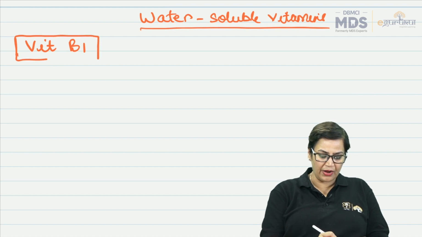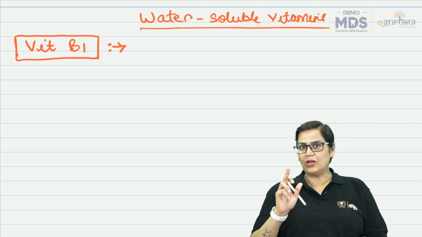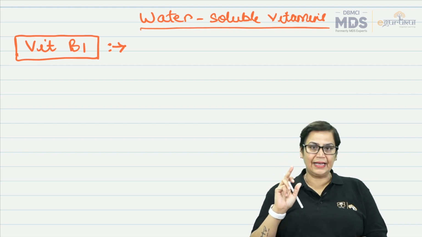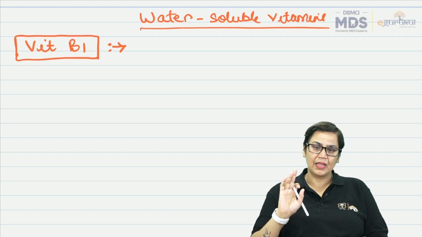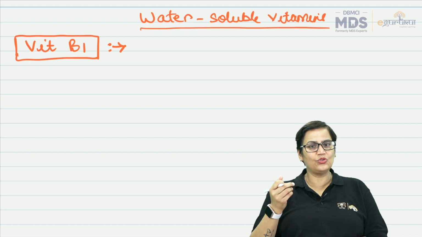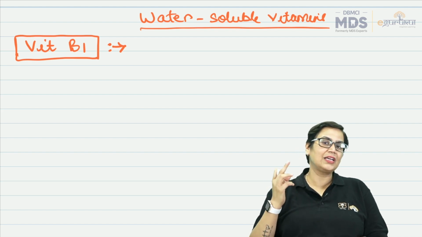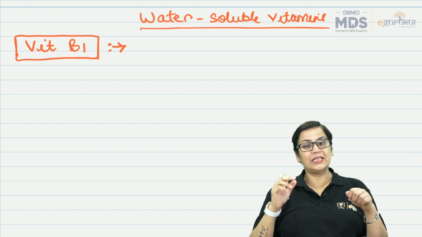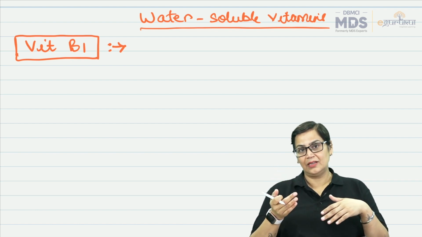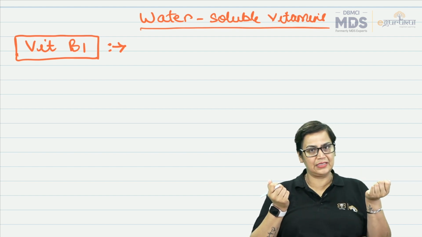Now what do you have to remember in this? First of all, you should know the active form of this. And since I told you that they function as coenzymes, you should know the reactions in which they function as coenzymes, because if they are absent, that reaction will suffer and it will lead to a particular disease.